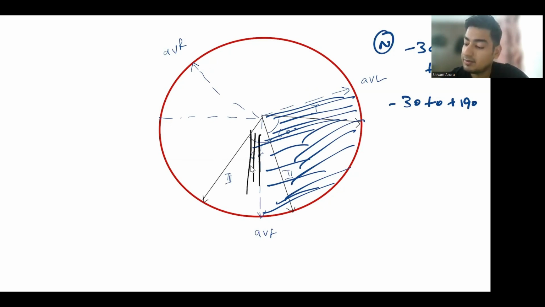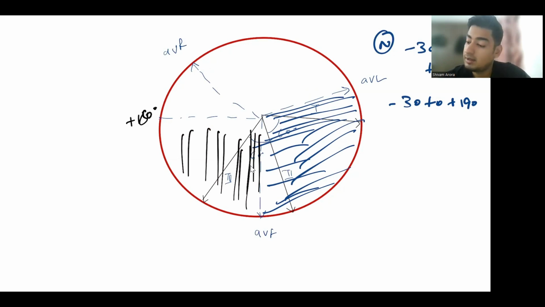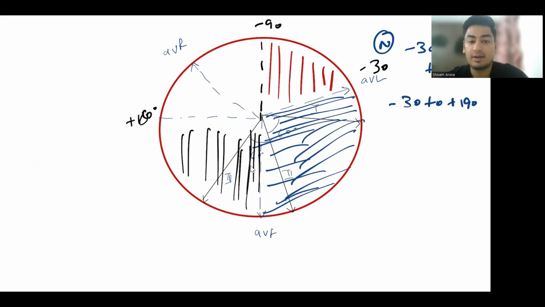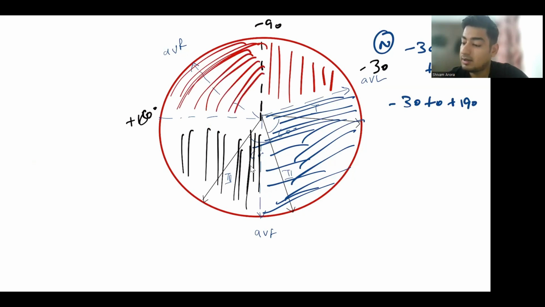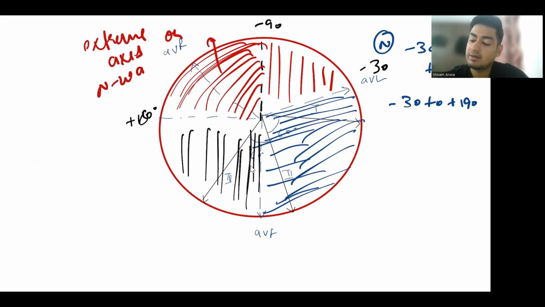This is right axis, from lead AVF up to plus 180 degrees. Then what is left axis? From minus 30 to minus 90 is left axis. And this area from minus 90 to 180 is extreme axis or northwest axis.